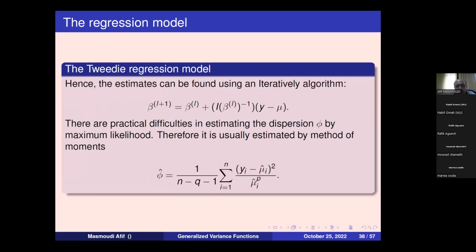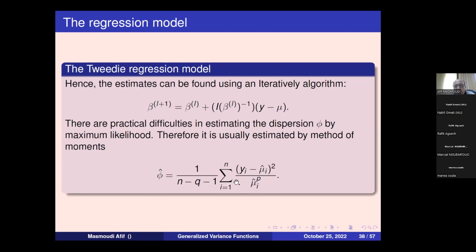So in order to estimate the coefficient parameters beta, we use the Newton method, which is given by this expression. Here it is an iterative method, and the estimator of the dispersion parameter phi is equal to this.